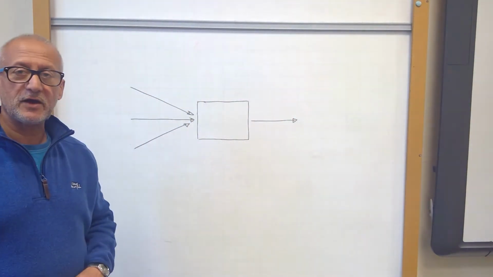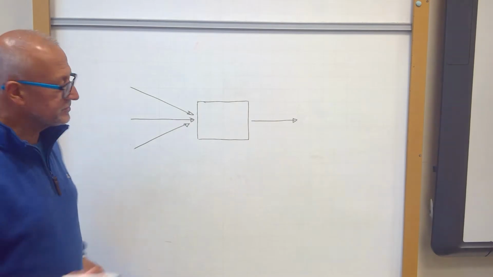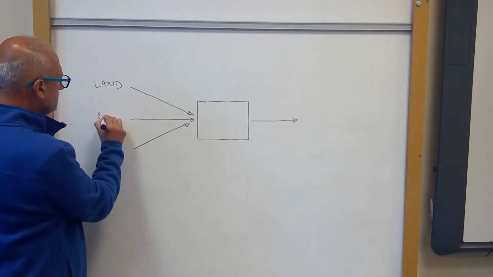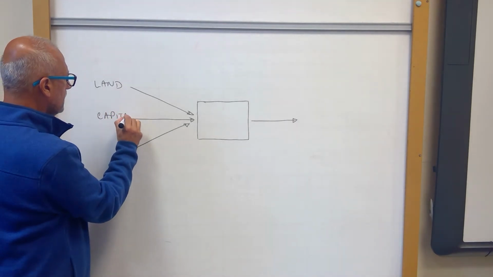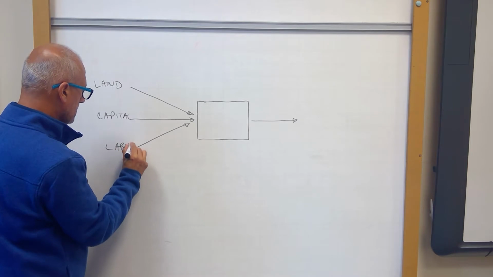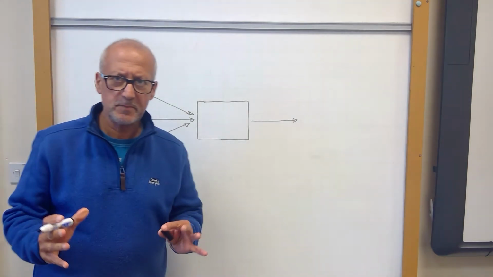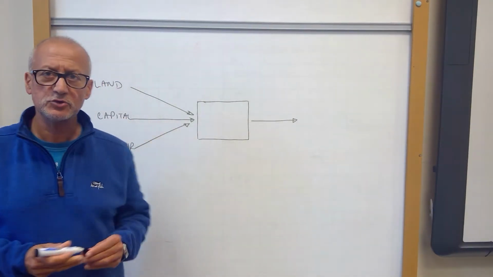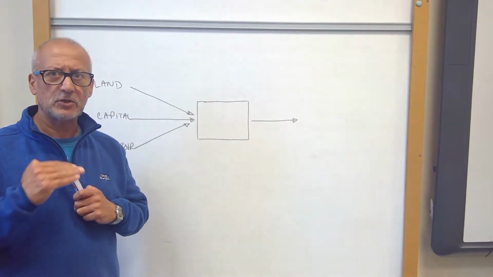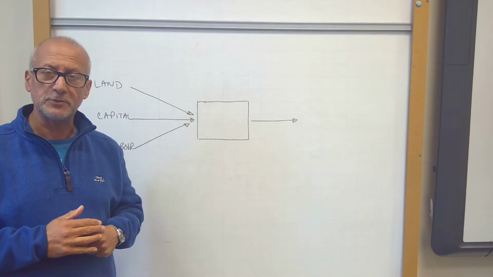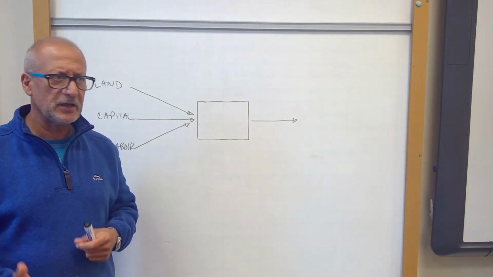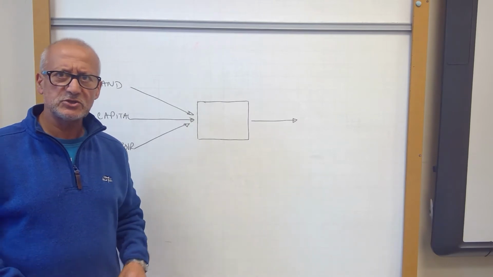So let's look at the other three resources. And the other three resources were land, capital, and labour. And let us also just pause for a moment to remind ourselves what we mean by those terms. By land, as economists, we mean everything on the ground, above the ground and below the ground. So on the ground, we're talking about forestry, agriculture, above the ground, solar energy, wind energy.